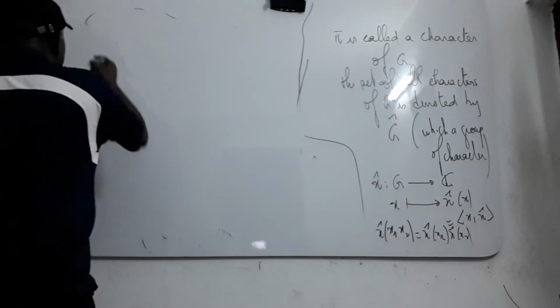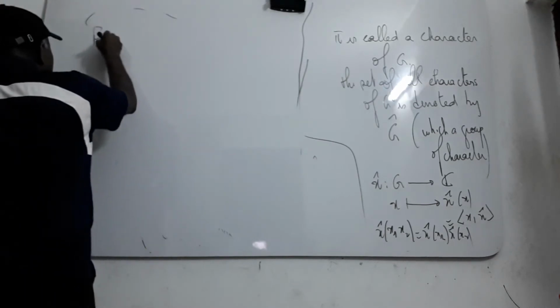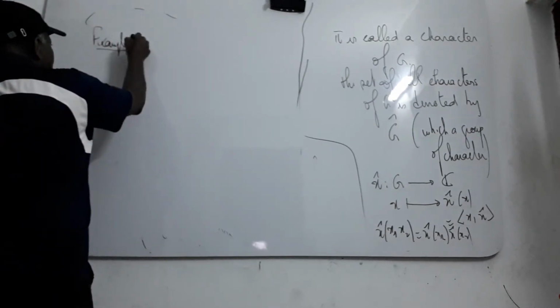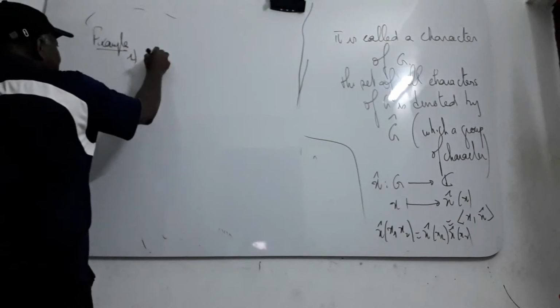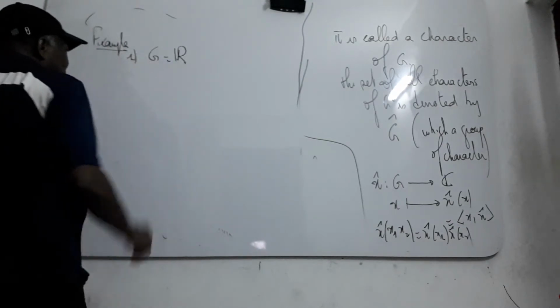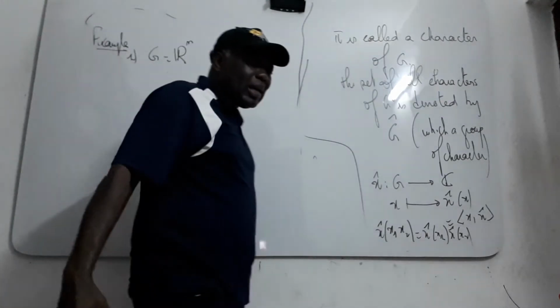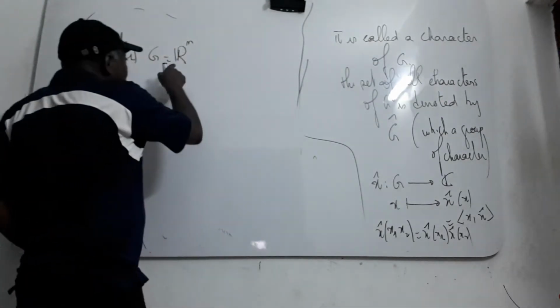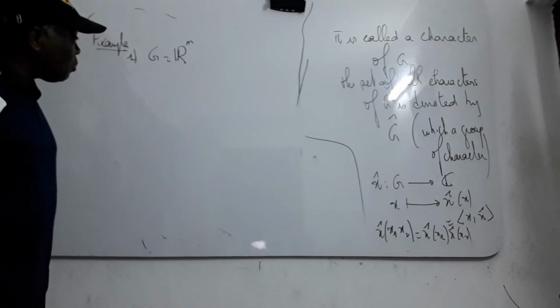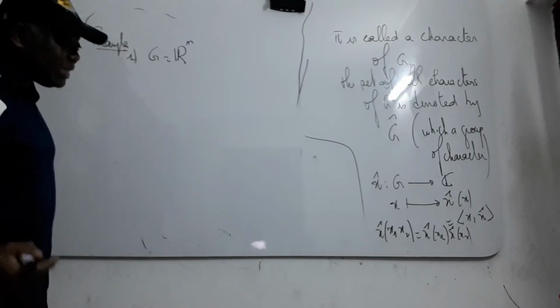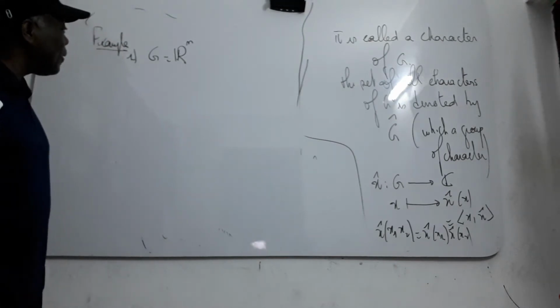I'll give you some examples. Suppose we take R^n, which is also a commutative, locally compact, additive group.